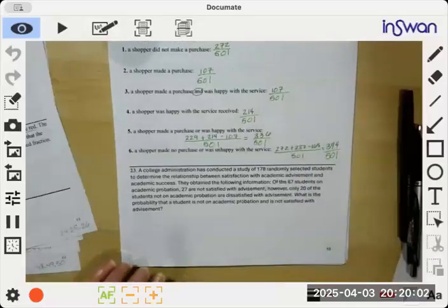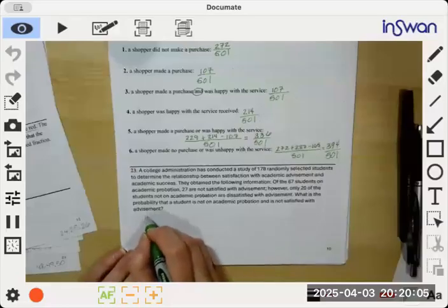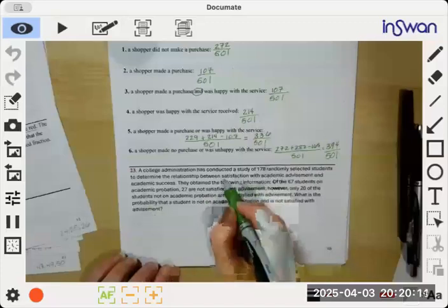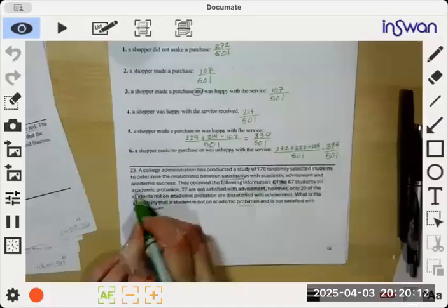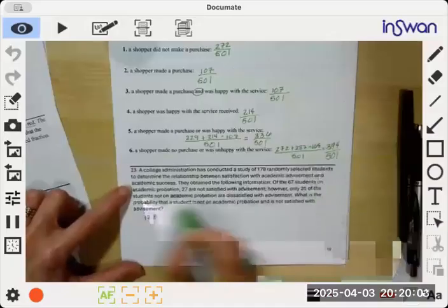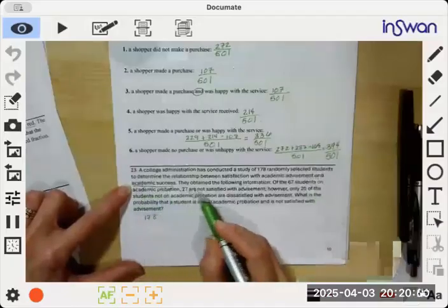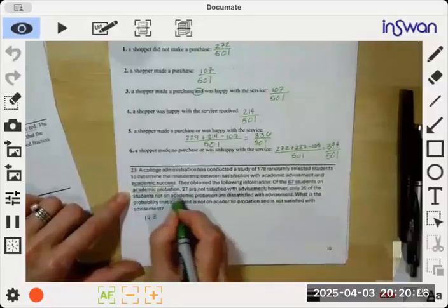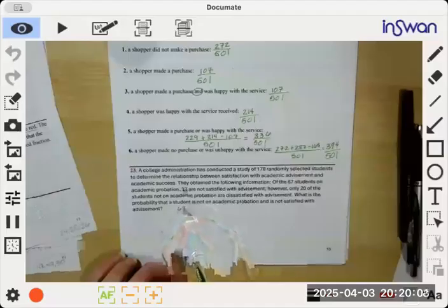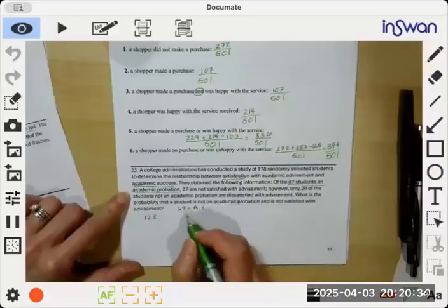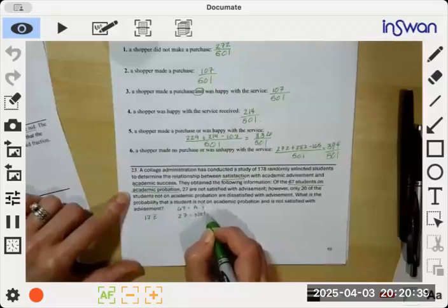College administration has conducted a survey of 178 randomly selected students to determine the relationship between satisfaction with academic advisement and academic success. They obtained the following information. Of the 67 students on academic probation, 27 are not satisfied.